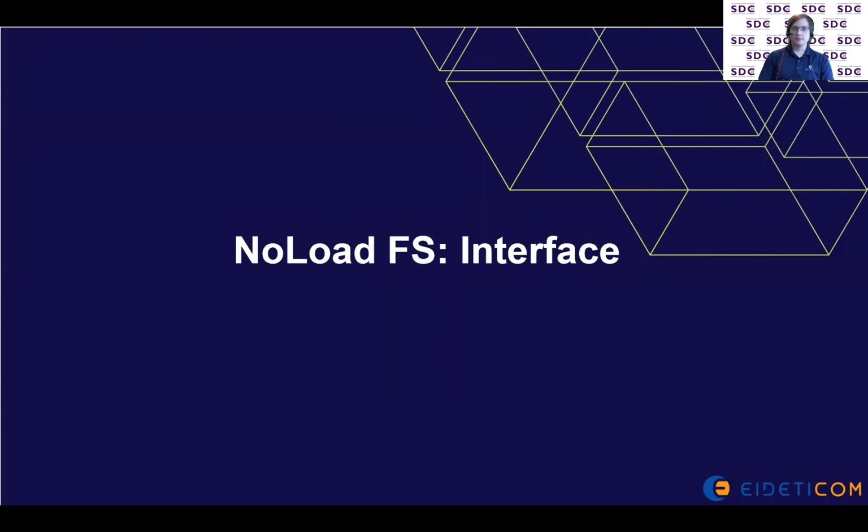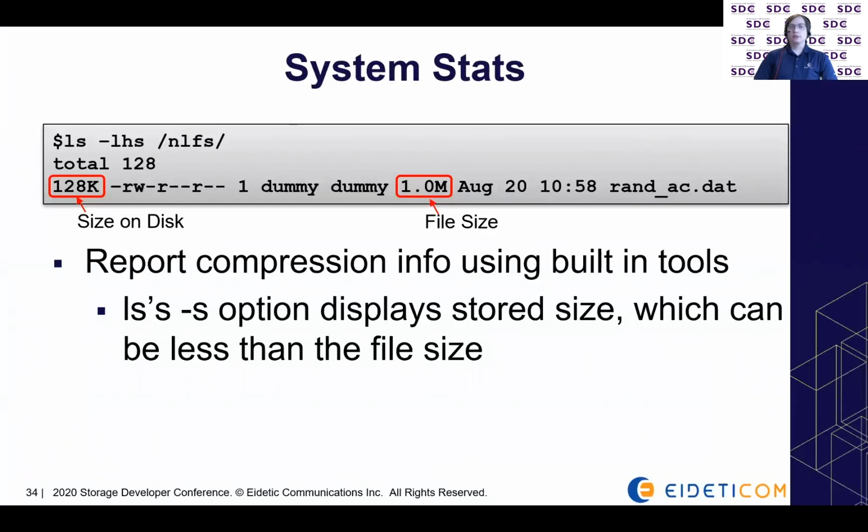So, NoLoadFS interface. In order to query the compression ratio of NoLoad file system, we use built-in tools. Here we have a list command using the -s argument to give the size on disk as well as the file size.